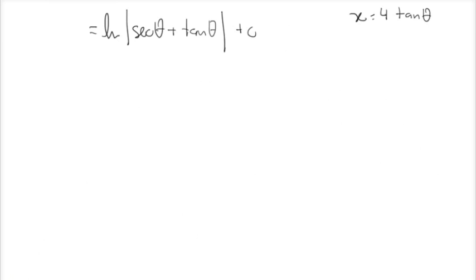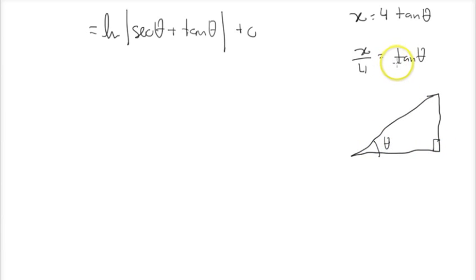So remember that our initial substitution was x equals 4 tangent theta. So that means that x over 4 equals tangent theta. Now let's draw this out on a right triangle right here, with theta being there. So tangent is opposite over adjacent.